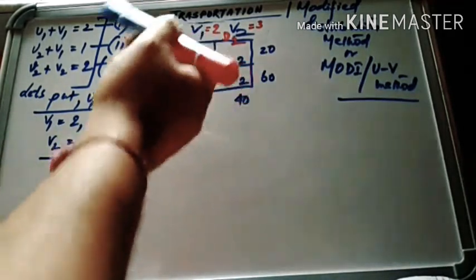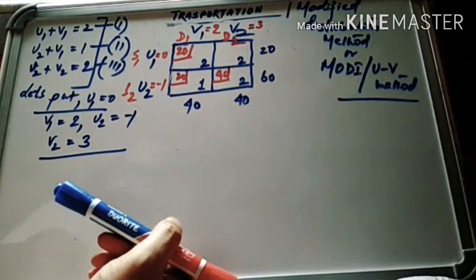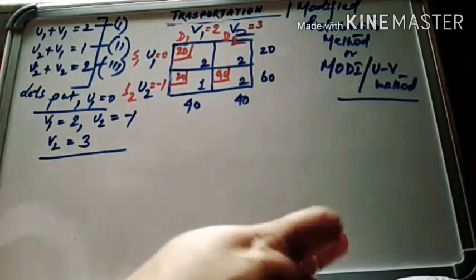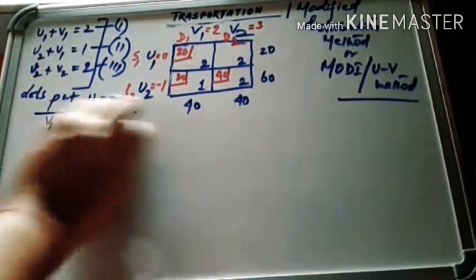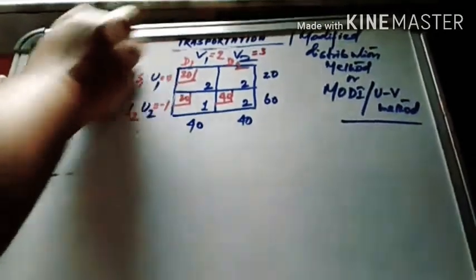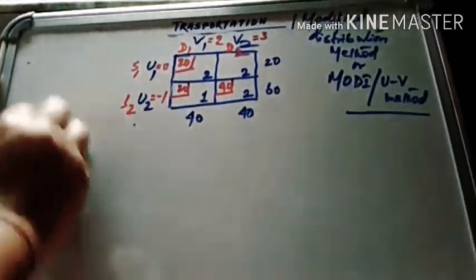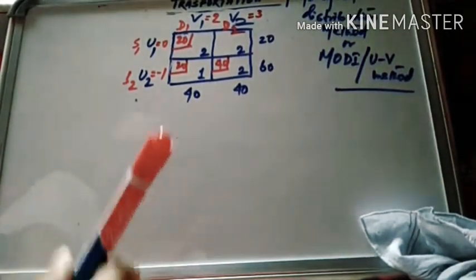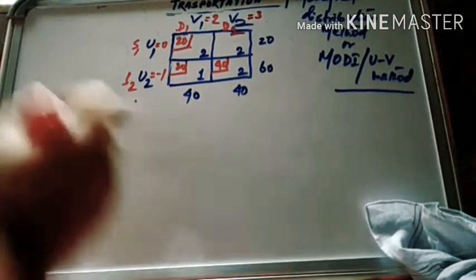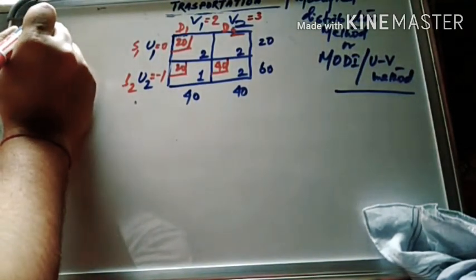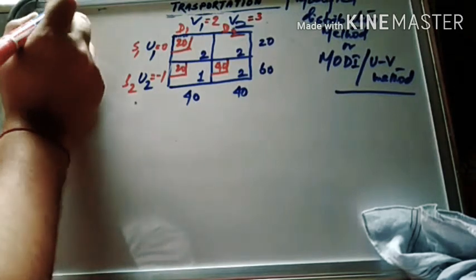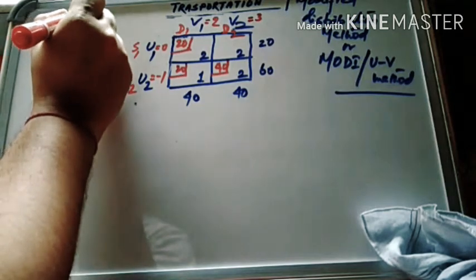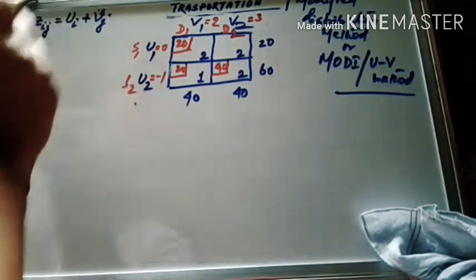Now the next step is to find the Zij value. What is this Zij? You already know what Cij is. Now you have to calculate Zij, which is the summation of Ui plus Vj.